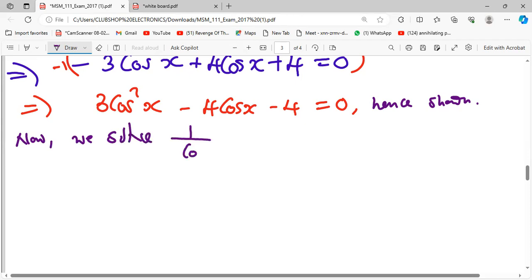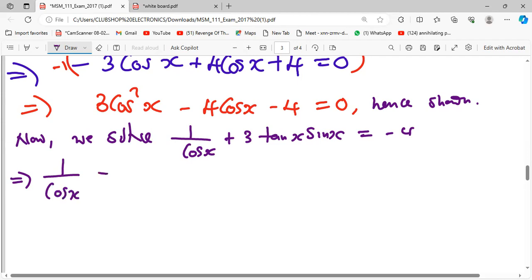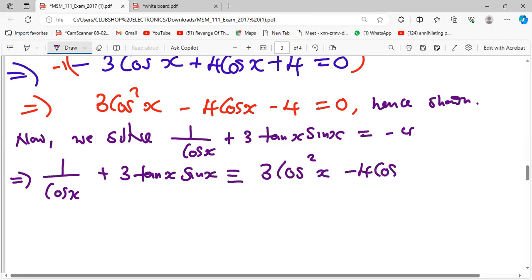1 over cos x plus 3 tan x sin x equal to 4. Now, this simply means that since we've already said that 1 over cos x plus 3 tan x sin x can be expressed as 3 cos squared x minus 4 cos x minus 4 is equal to 0.